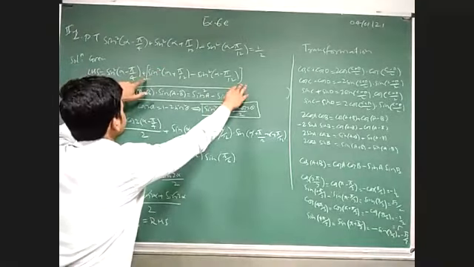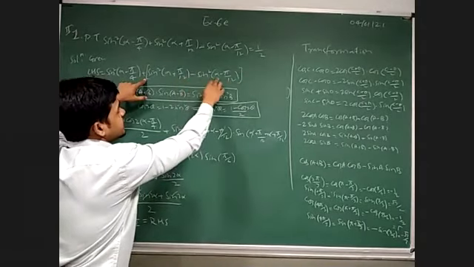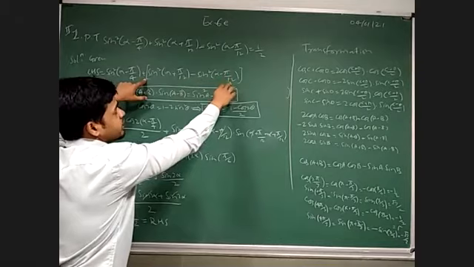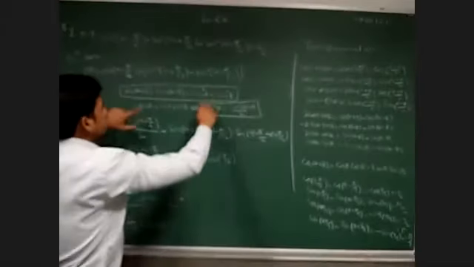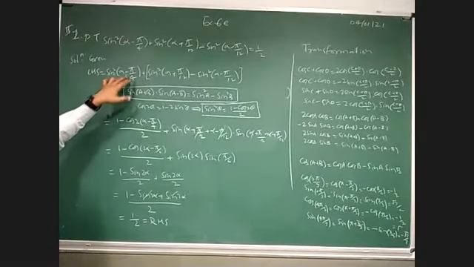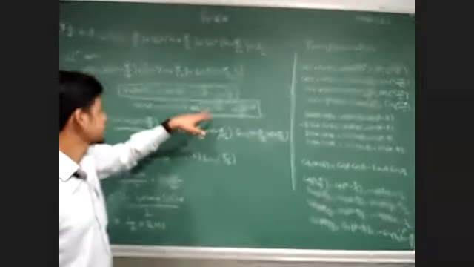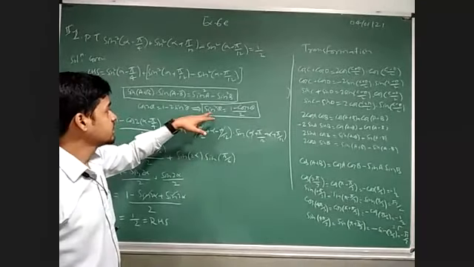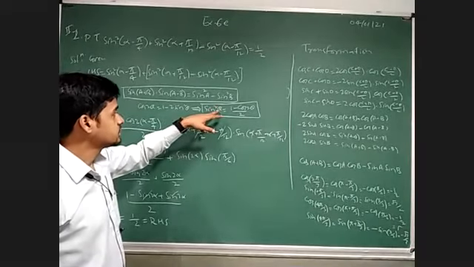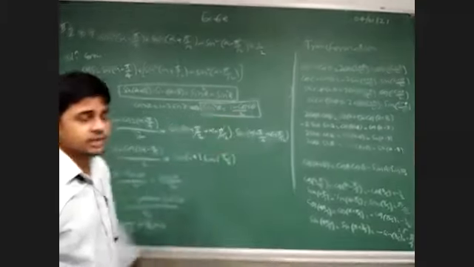Here, sine square (alpha plus pi by 12) minus sine square (alpha minus pi by 12), I'm going to use this formula. Now for sine square (alpha minus pi by 4), I'm going to use the multiple angle formula: sine square theta is equal to 1 minus cos 2 theta by 2.